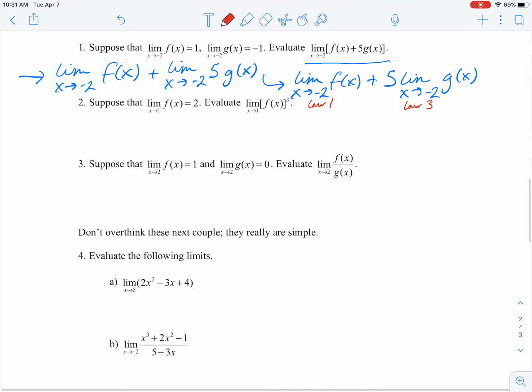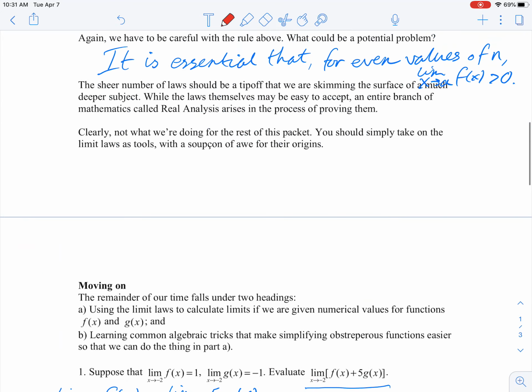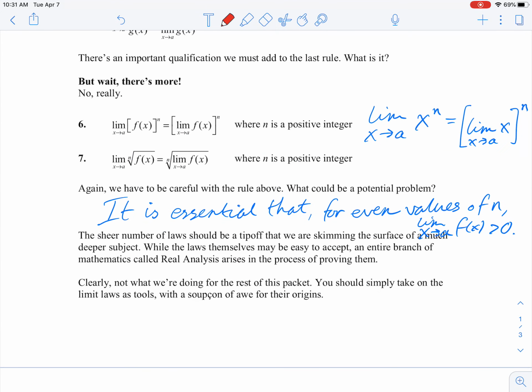Now, back to it. Suppose that the limit as x approaches 1 of f of x equals 2. I want us to evaluate the limit as x approaches 1 of f of x quantity cubed. Now, this is referring to law 6, which says it's fair to take that exponent and pull it out.